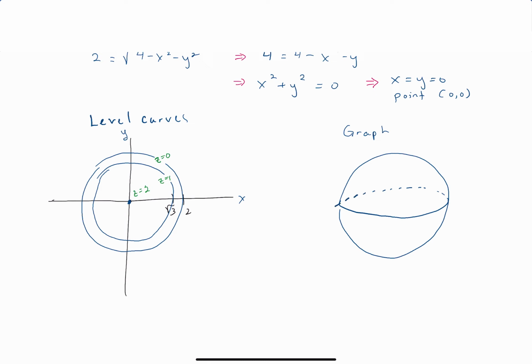So I'm following my old teacher's advice here and drawing the sphere before I put my coordinate axes in. And that's a sphere of radius 2. And we said it was just the top half.